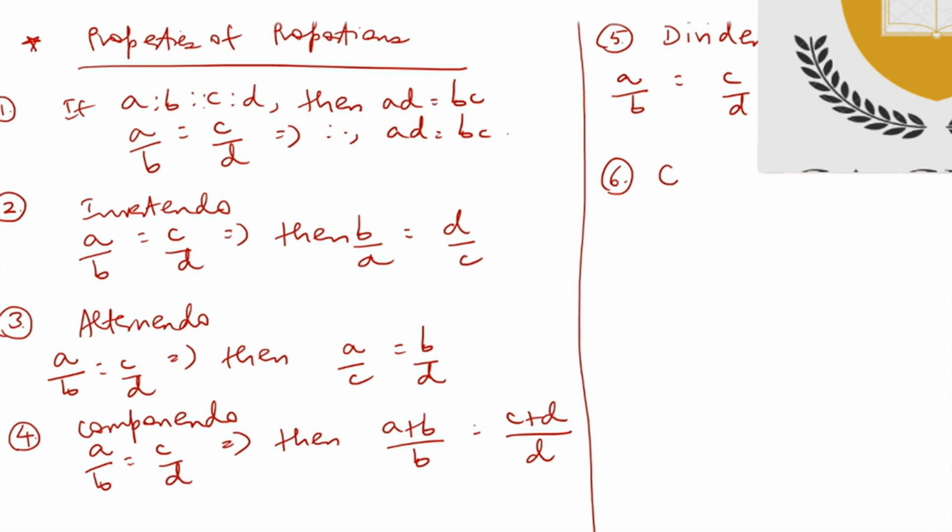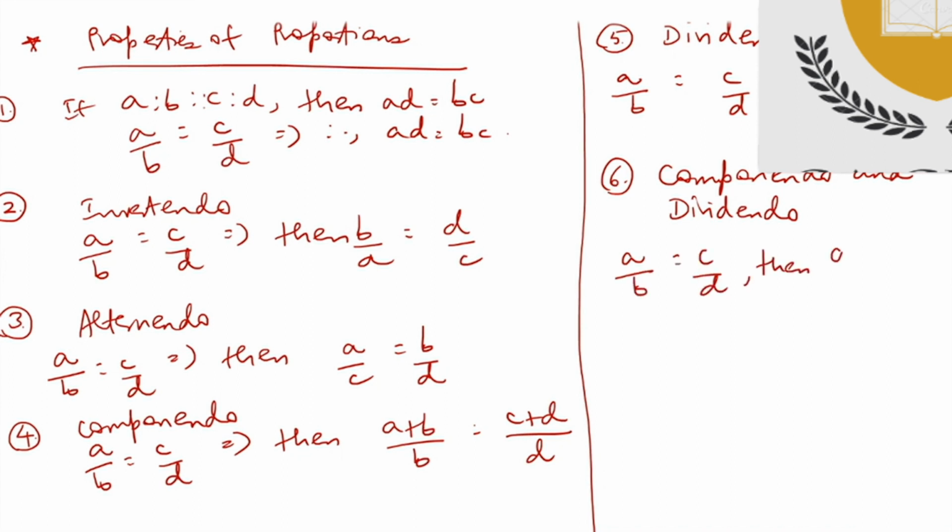Then the last one is componendo and dividendo. If A by B is equal to C by D, then A plus B by A minus B is equal to C plus D by C minus D. Then one more is addendo.